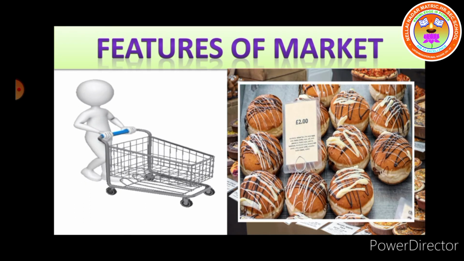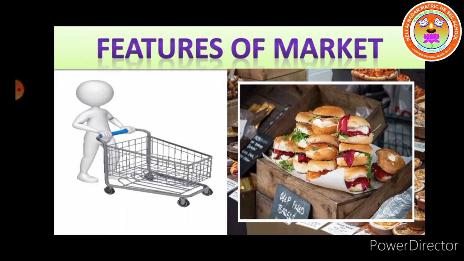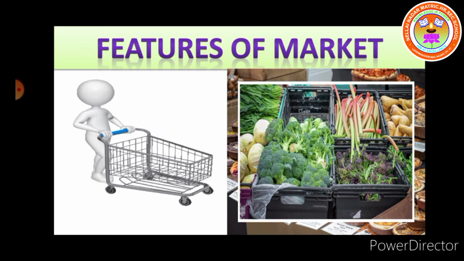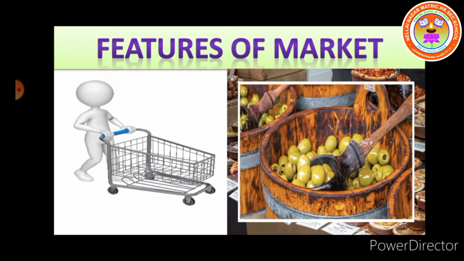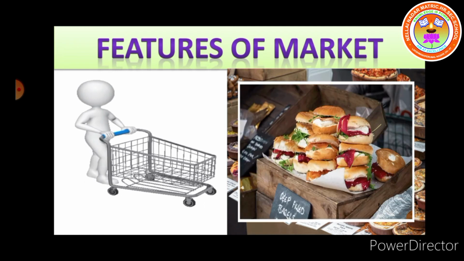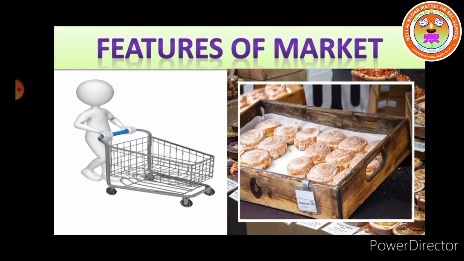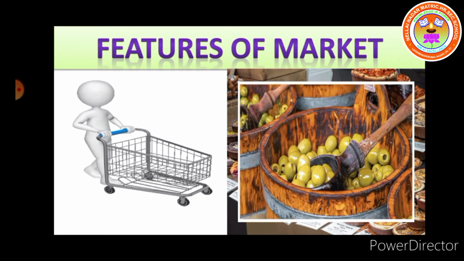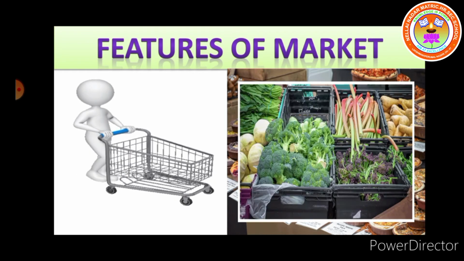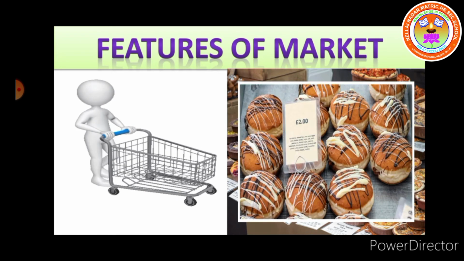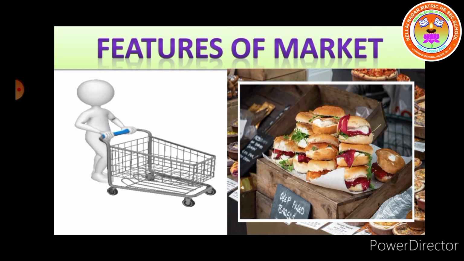There must be a group of buyers and sellers of the commodity to constitute a market. Third one, both the sellers and buyers must have access to knowledge about the market. Fourth feature, at any given time, only one price can be prevalent in the market. Both buyer and seller know about the market price.